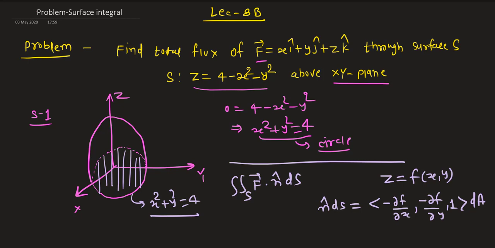So whenever you put n cap dS in the form of dA, you are converting the surface integral into a double integral.